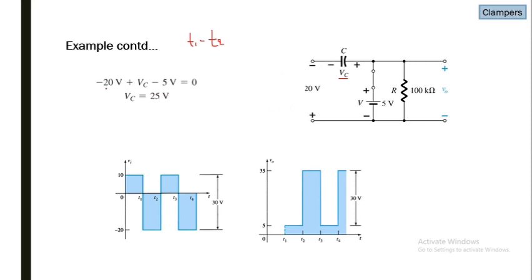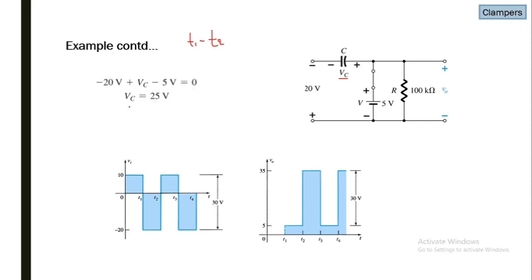We have a drop of 20 volt, which is the input signal from T1 to T2. Then we have a rise of Vc, and then we have a drop of V, which is 5 volt, shown as negative 5 volt here, equal to 0.